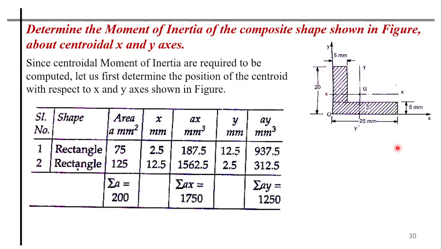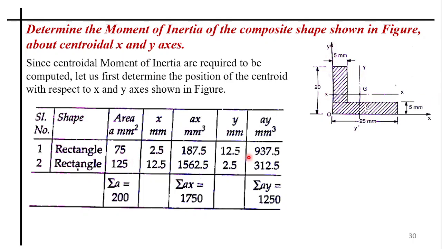There are two rectangles over there. So this one, which is 15 by 5, 75, and then this one 25 by 5. This is number 1 and this is number 2. So the two areas are calculated, then the x values, the location of these coordinates from both the reference axes, not the xx and yy, but ox and oy.